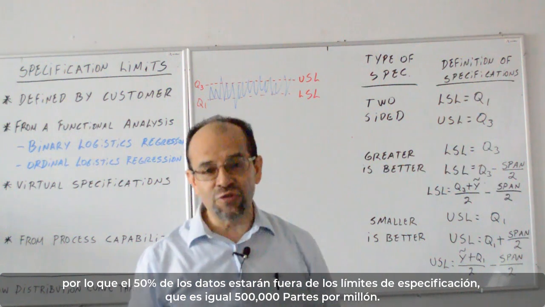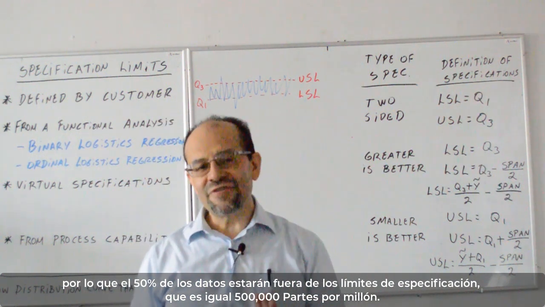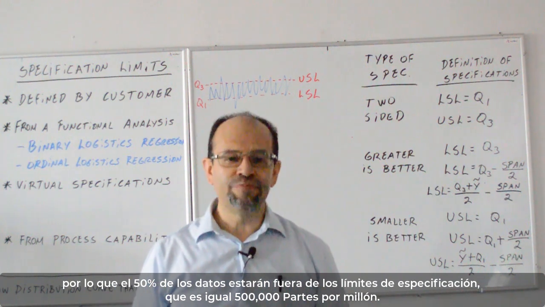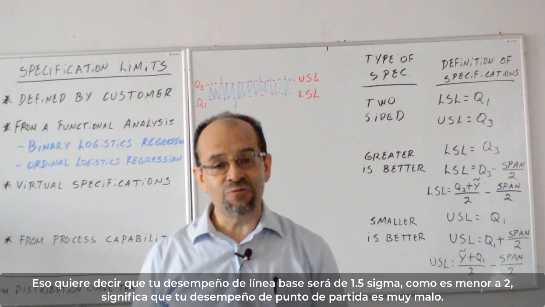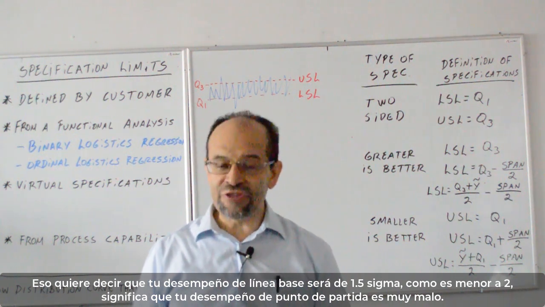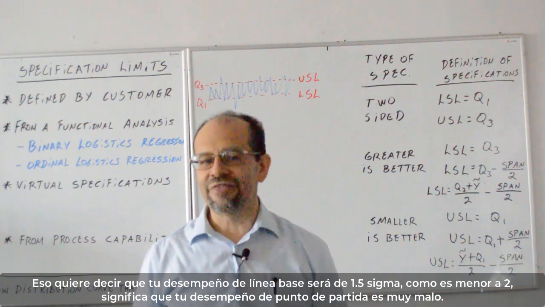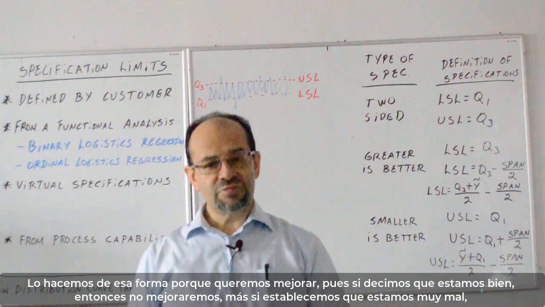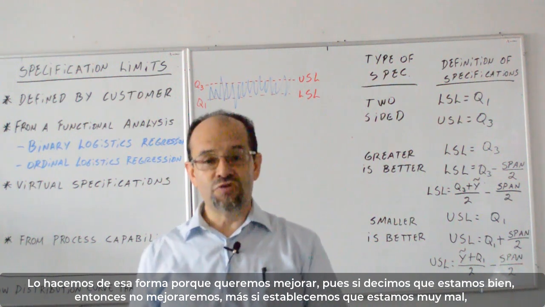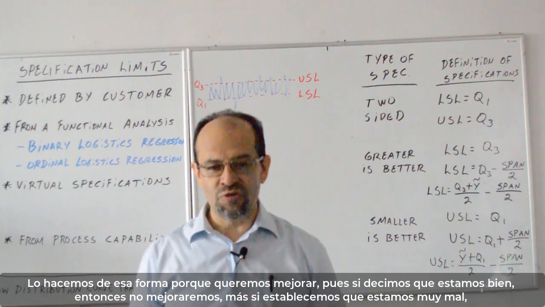So 50% of the data will be outside the specification limits, which is 500,000 parts per million. And that means that your baseline performance is going to be 1.5 sigma. Smaller than 2 means that your current performance is very bad. But that's because we want to improve. If we state that we are good, we won't improve anymore.